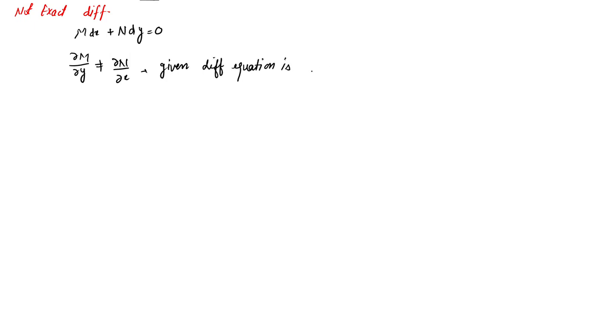First of all, if you have an equation of the type M dx plus N dy equals 0, and in this case del M by del y is not equal to del N by del x, then you say that the given differential equation is not exact.